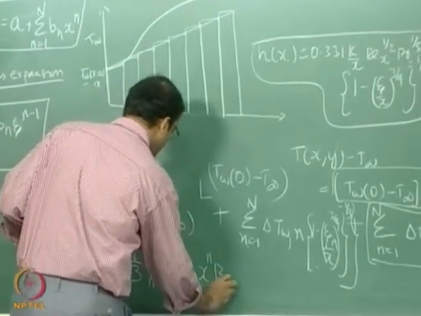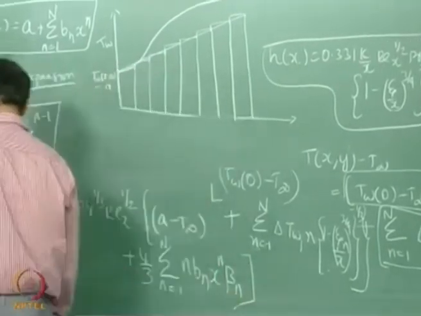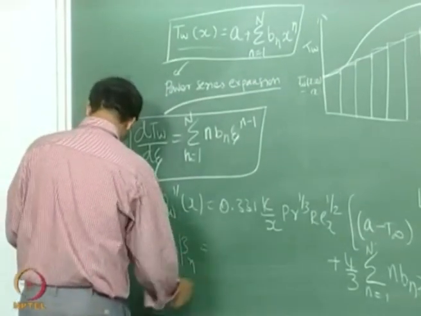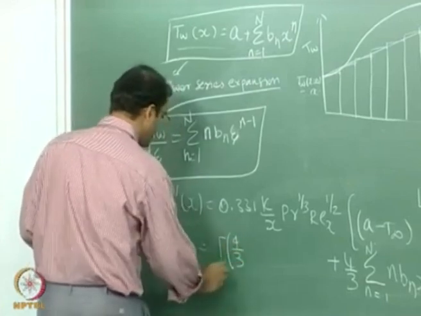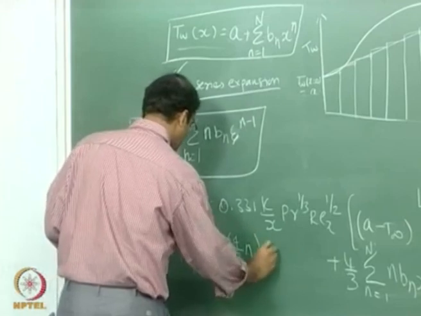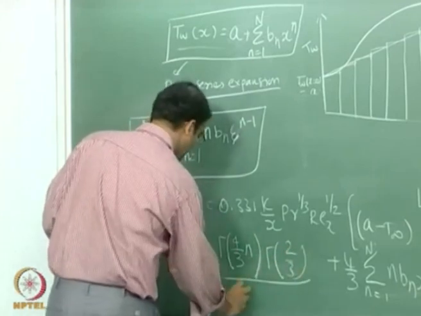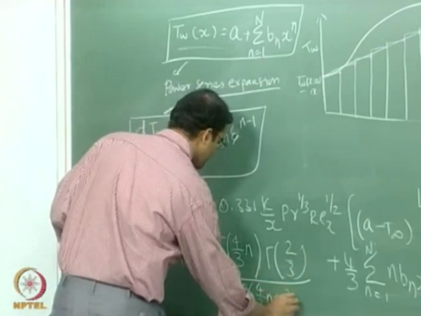Now this beta function also will become a function of n. This beta function can be written as gamma function of 4 by 3, originally it was 4 by 3, now it becomes 4 by 3 n, into gamma function of 2 by 3, divided by gamma function of 4 by 3 n plus 2 by 3.